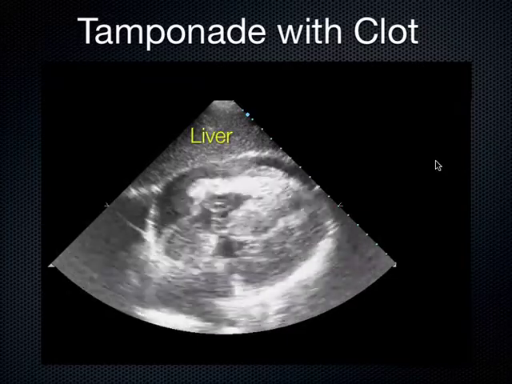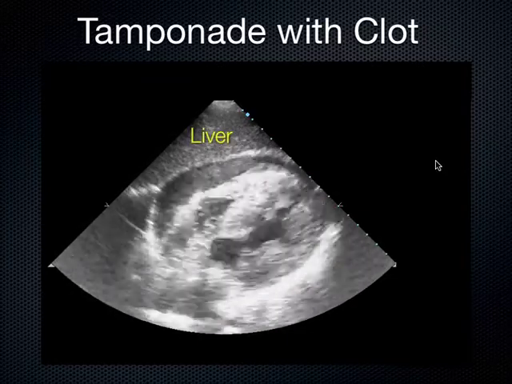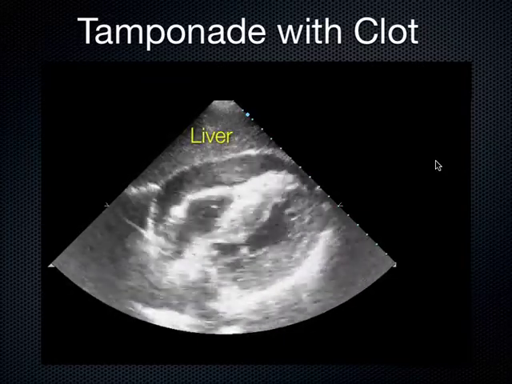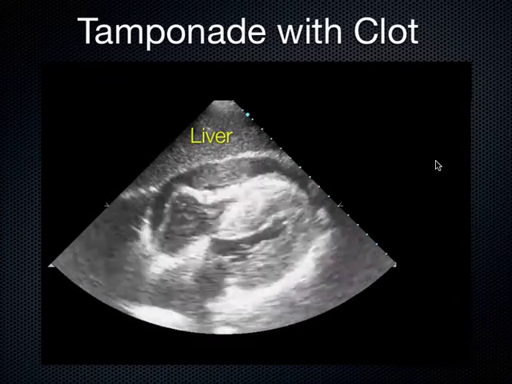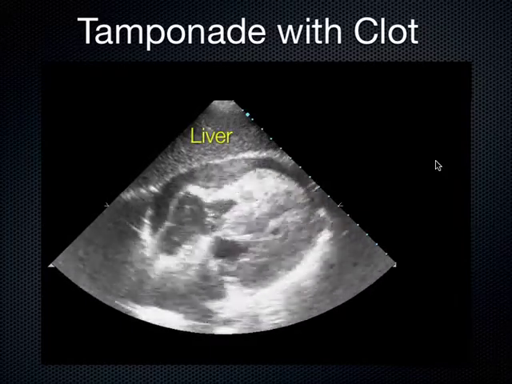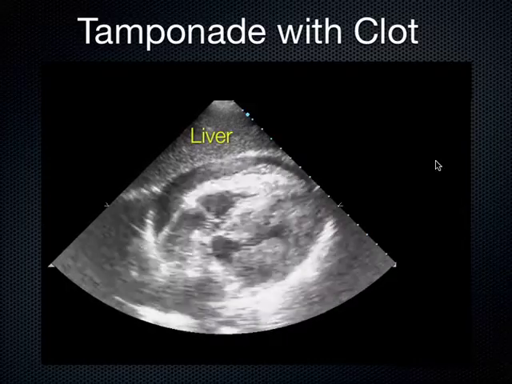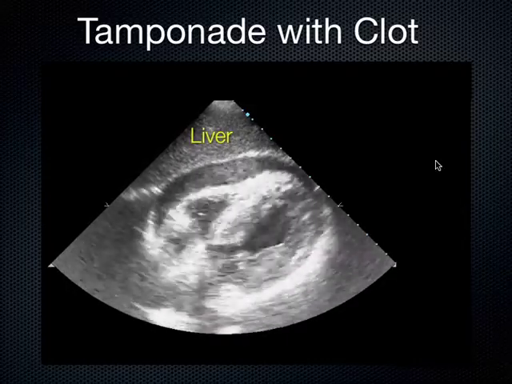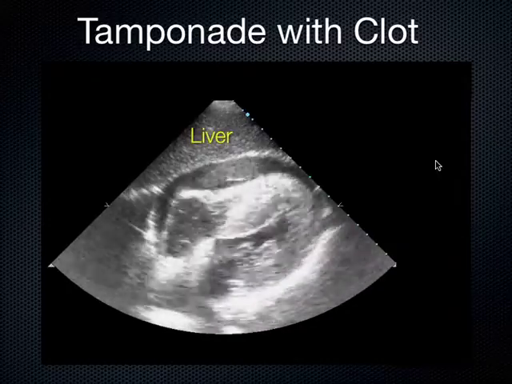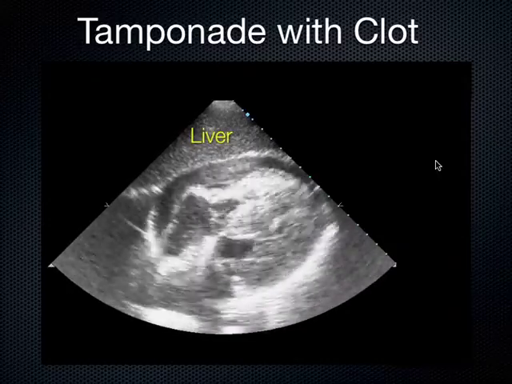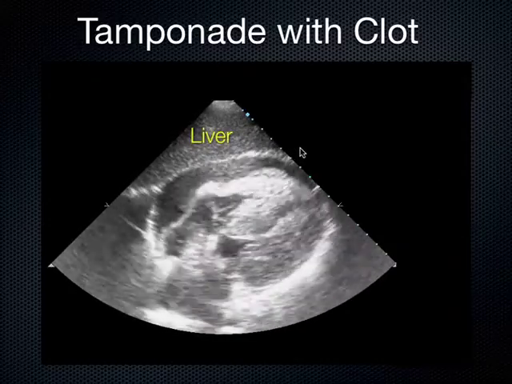They usually mean 1 centimeter hash marks. When you switch to the linear probe, in the near field, sometimes those 1 centimeter hash marks change to 0.5 centimeter hash marks. So just keep that in mind with the linear probe. But with the phased array transducer, these are 1 centimeter hash marks.